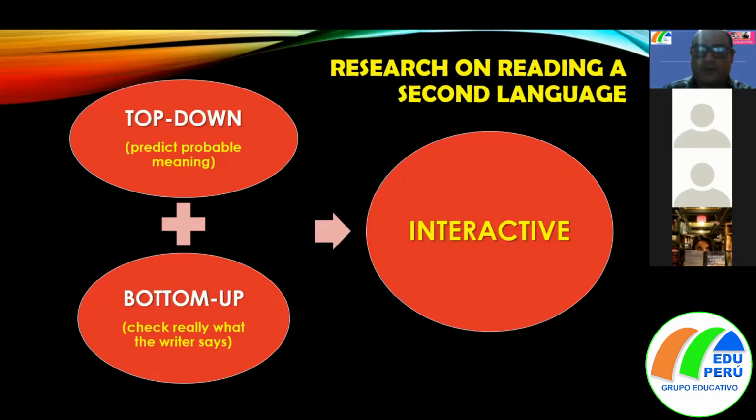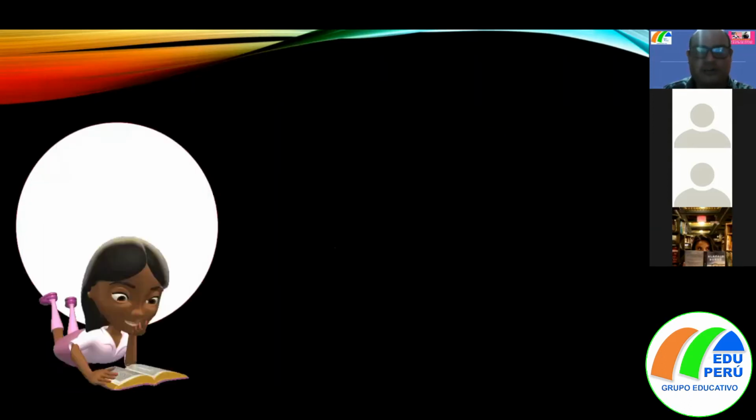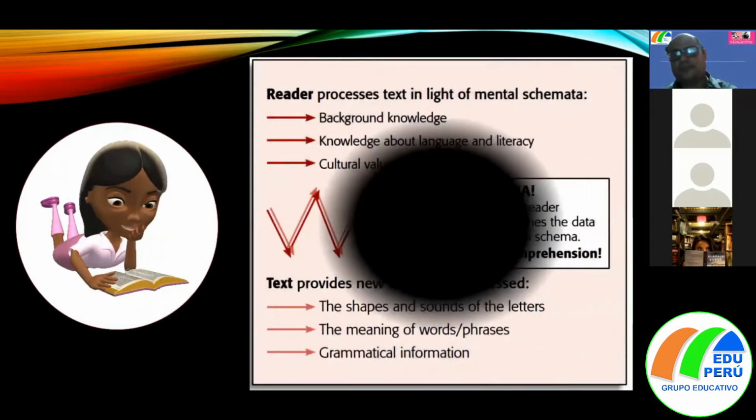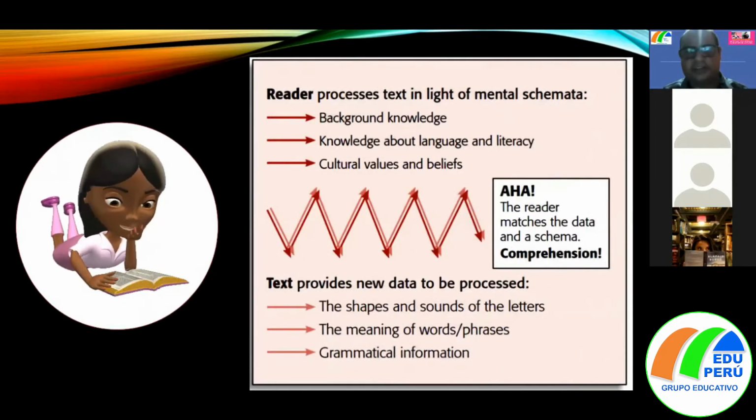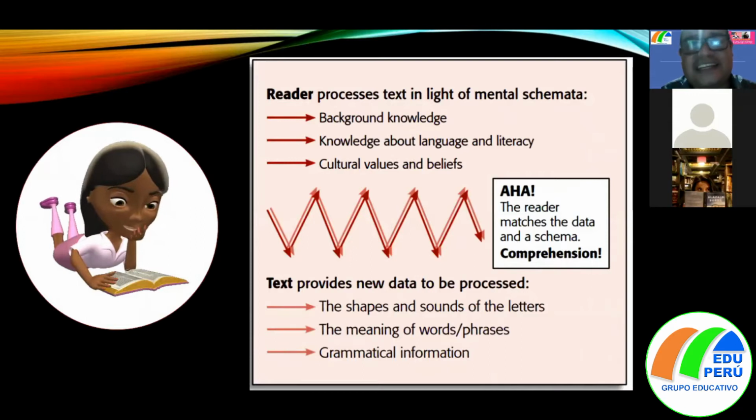All right. That's why I showed you a picture related to that. Notice, can you remember this picture? We have these up and down arrows. Up and down, up and down means that you're going to use both processes. In the top, you have your mental schemata. So your background knowledge, knowledge about the language and literacy, cultural values and beliefs. This is at the top.